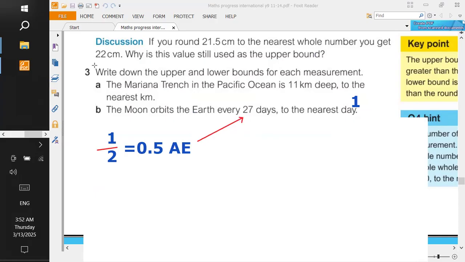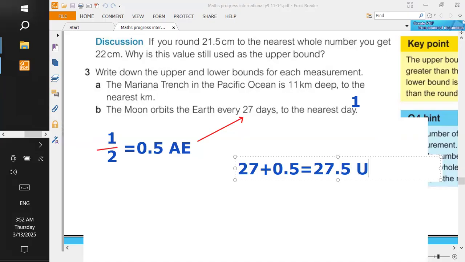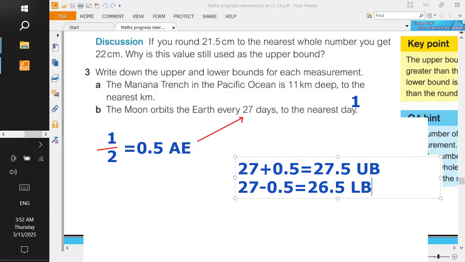So the upper bound will be what? Very good. So 27 plus 0.5 will be 27.5. And this is the upper bound. And 27 minus 0.5 will give me 26.5, which is the lower bound. And that's the whole idea of finding the upper and lower bound and the steps of finding the upper and lower bound. Now let's move on to the next one.